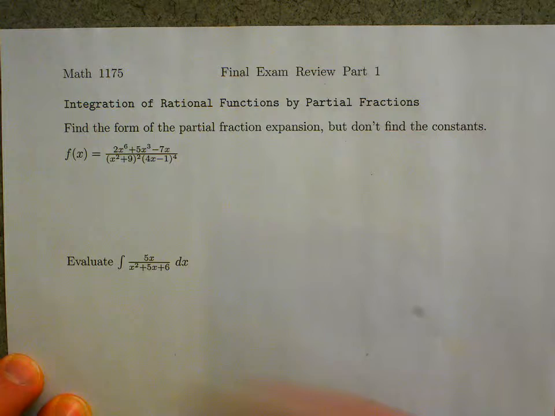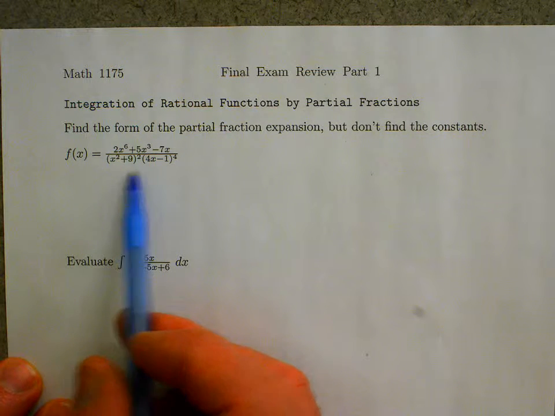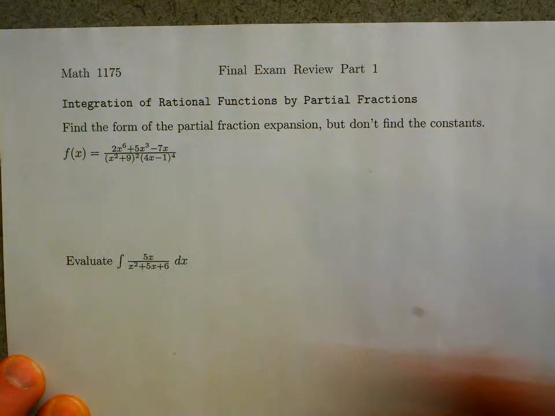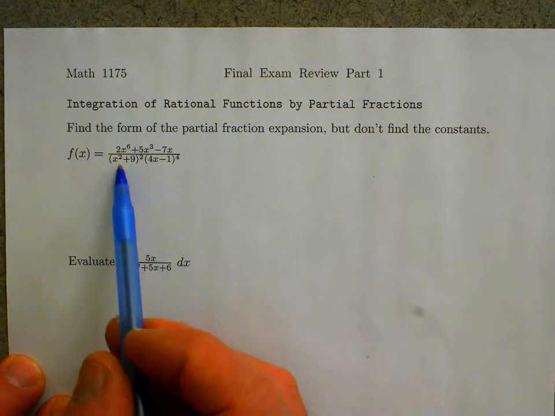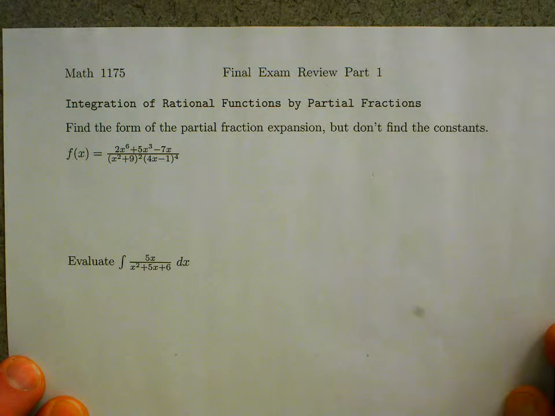Okay, so the denominator is (x squared plus 9) squared times (4x minus 1) to the fourth. You'll recognize x squared plus 9 as an irreducible quadratic expression, meaning that it cannot be factored over the real numbers.